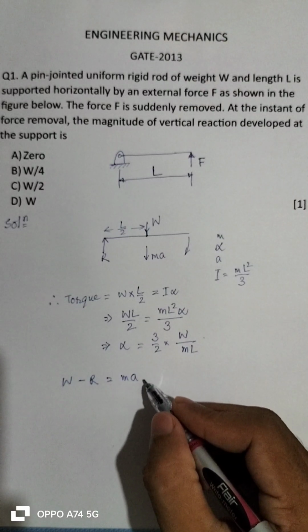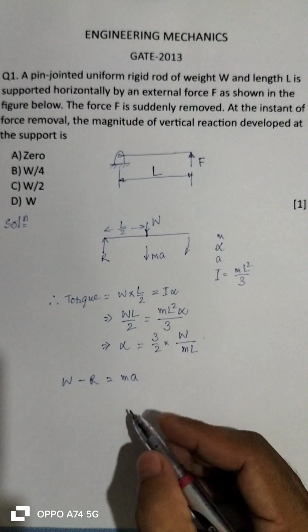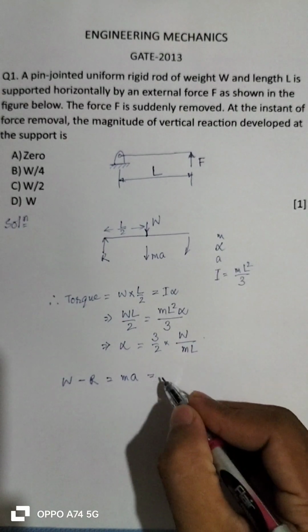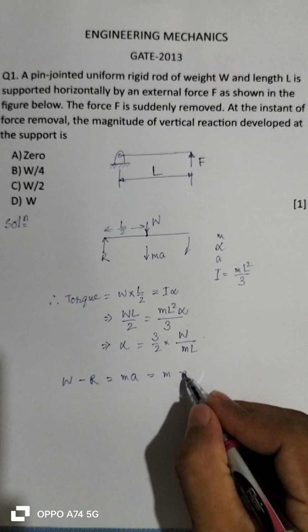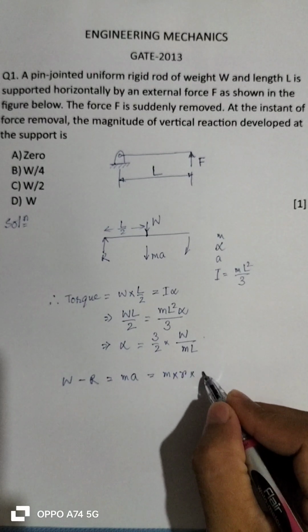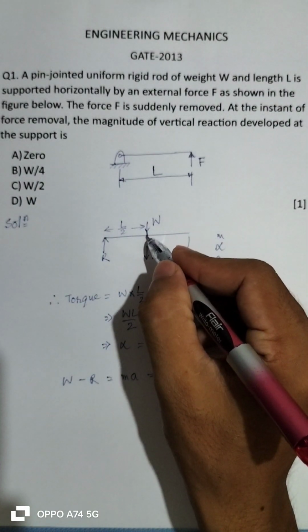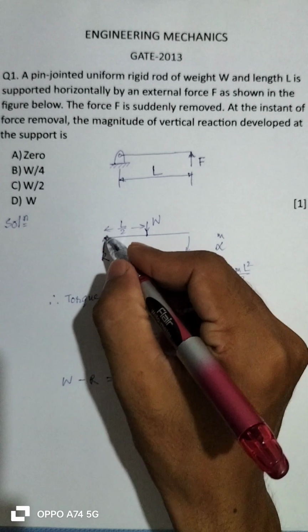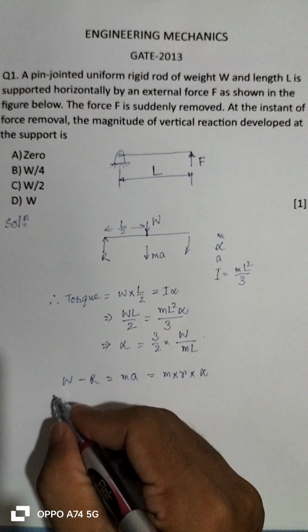Again we know the relation between the linear acceleration and the angular acceleration, so that is equal to M into r into alpha. r is nothing but the distance of the CG from the fixed end, that is L by 2.